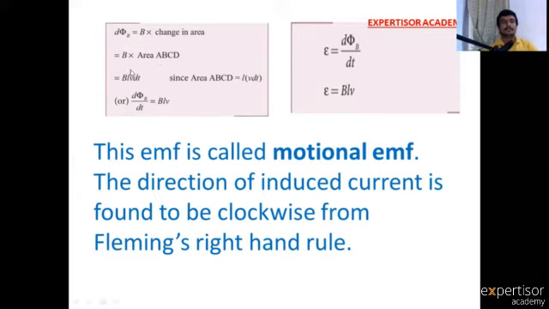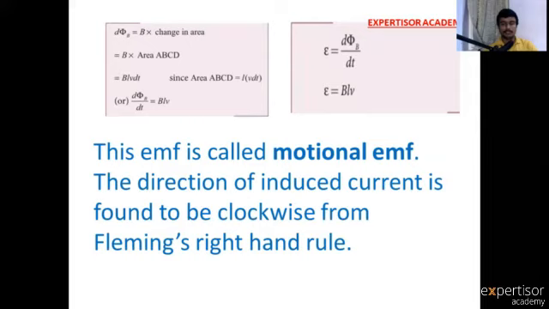Substituting this value, d phi by dt is equal to BLV. So finally we get the relation: induced EMF epsilon is equal to the rate of change of flux, that is equal to BLV. This EMF is called motional EMF.